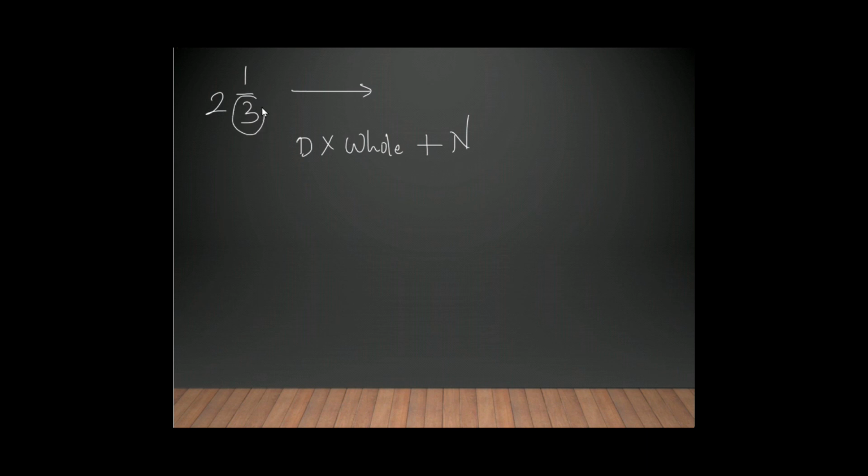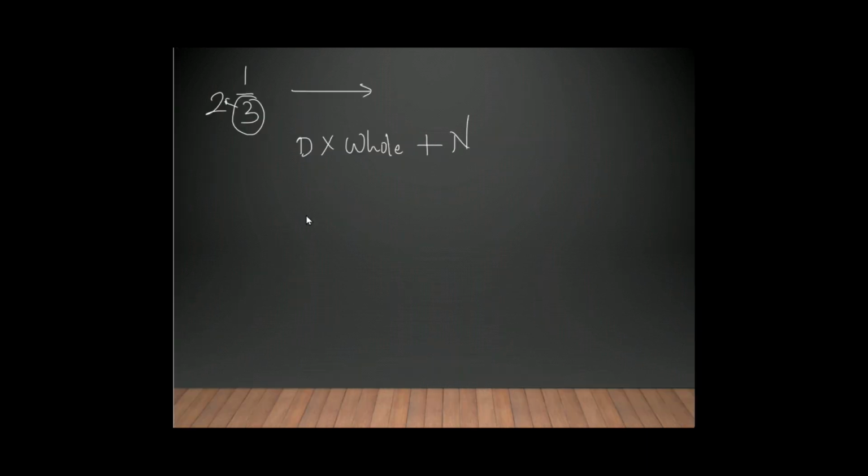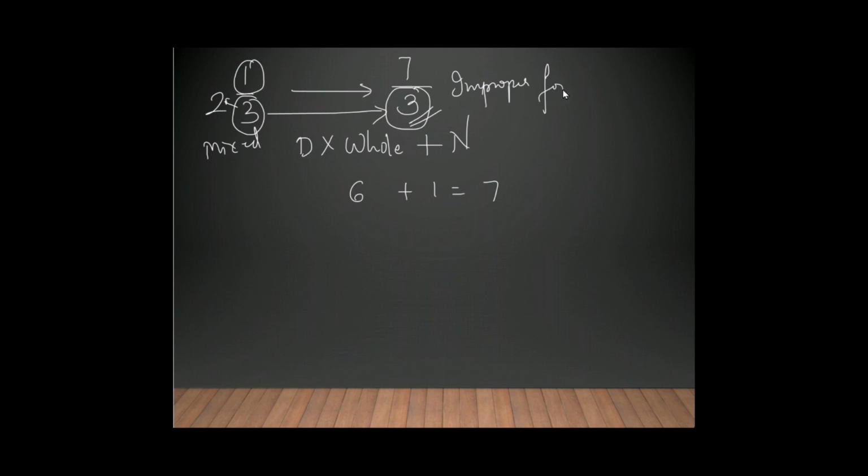So 2 times 3 is 6, plus the numerator, which is 1, gives 7. So your answer is going to be 7/3. Always write the same number in the denominator. So this is the mixed form, and this is what you got when you converted it into improper form.